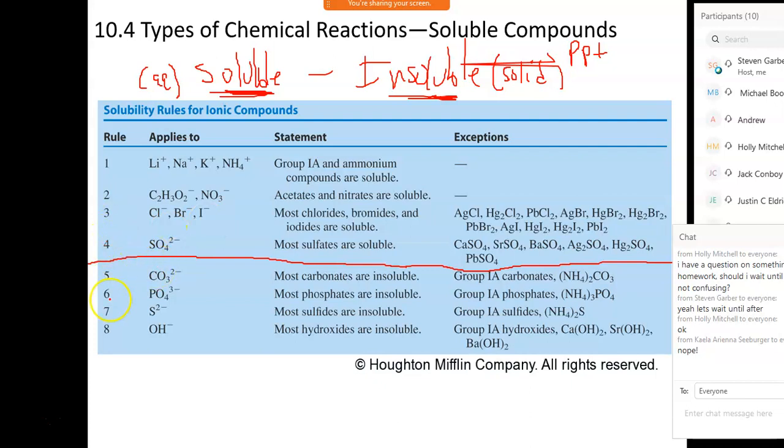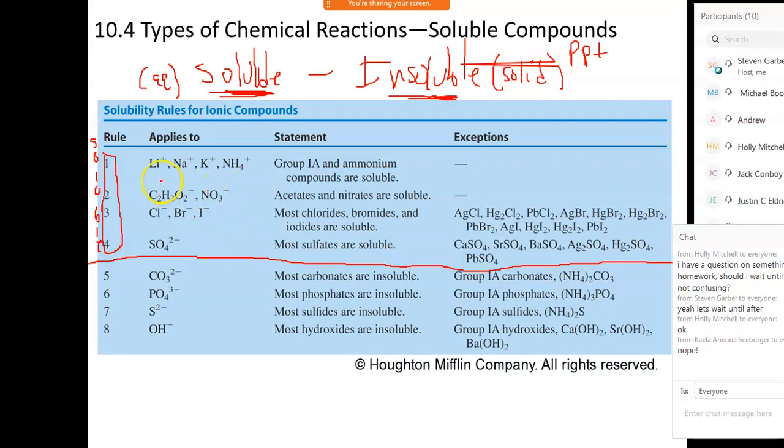I drew a line between 4 and 5. The reason is because everything up here, rules 1 through 4, anything that has these ions in it is always soluble. Usually I go over in class, I print this out for everybody, I have everybody write this, but you'll have it on the lecture video, and if you want to do it on your own, it helps you.